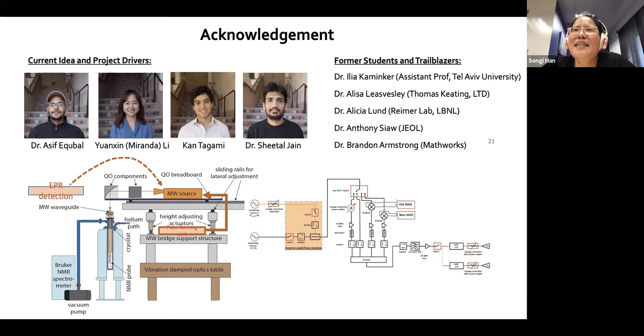Right, it depends on whether you mean static or MAS. Under the static condition, there could be two effects. One, simply you can pulse faster, but that doesn't actually explain the huge enhancement you see.